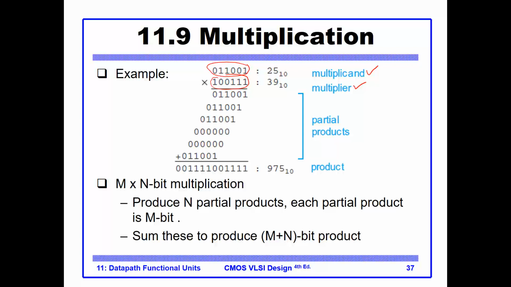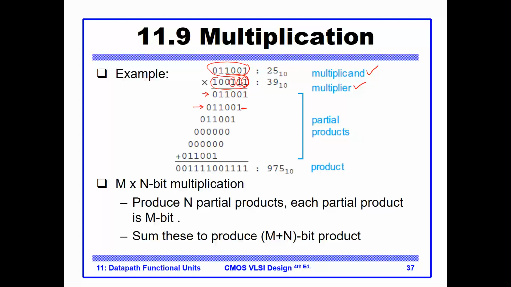in elementary school. So we check the first bit of the multiplier, and if it is 1, then we copy the multiplicand. Then we go to the next bit and we copy the multiplicand, but shifted 1 bit. That's because this bit's significance is 2 to the 1.